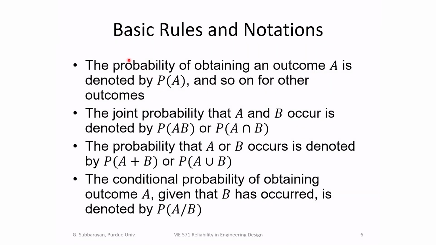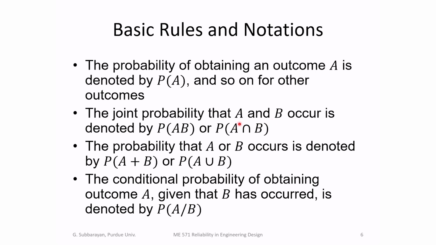Now what we are going to do is to learn basic probability rules as well as some notations. So we've already discussed the probability of obtaining an outcome A is defined as P of A. And if I had an outcome B, then it would be P of B. So let's say the joint probability that events A and B occur. Let's say there are 2 events.